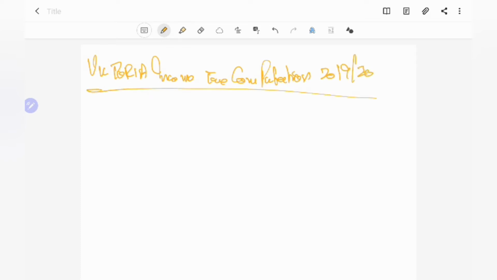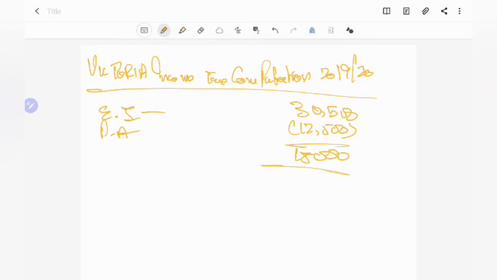Now what I will do, Victoria's income tax computation (2019-20). What's her income? It's employment income 30,500. Then personal allowance 12,500. What I will get? 18,000.